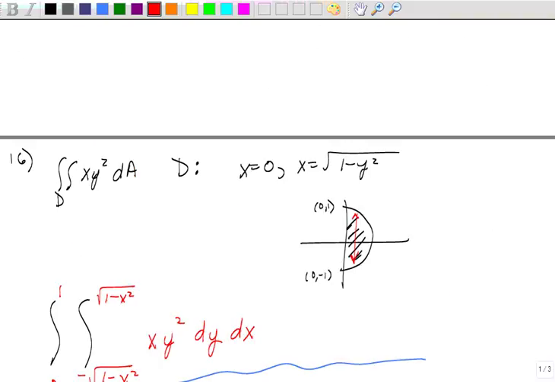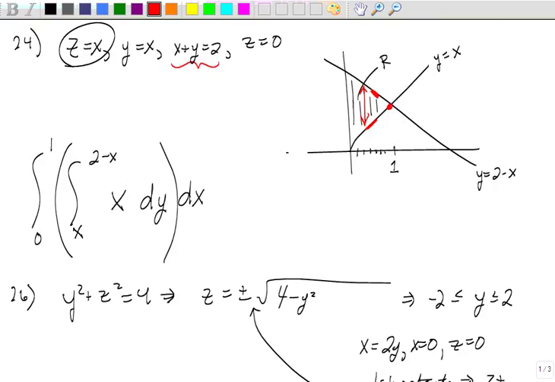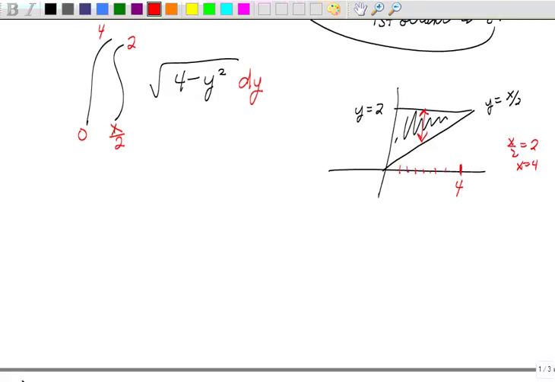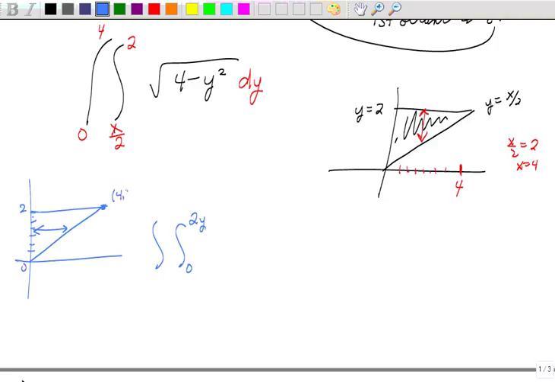Okay, we could also do it the other way, so let me just set it up the other way. Let me do that one in blue. If we go this way, then we're going to integrate x from 2y to 0, and then y from 0 to 2, because their point of intersection is 4, 2.